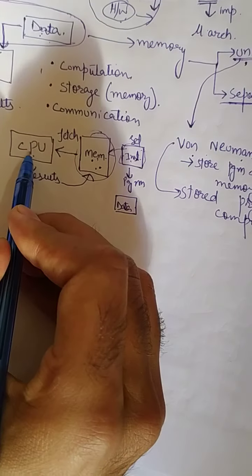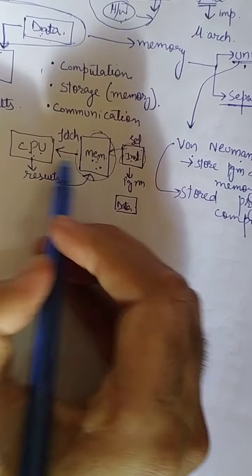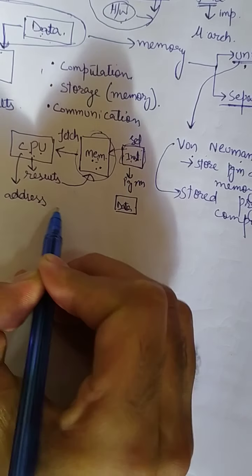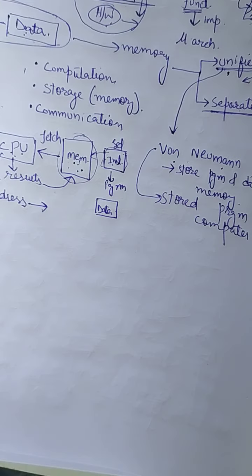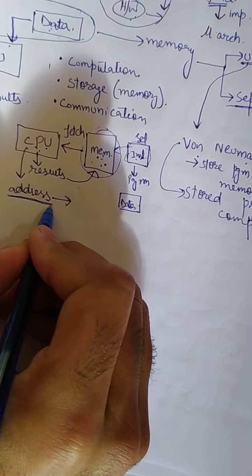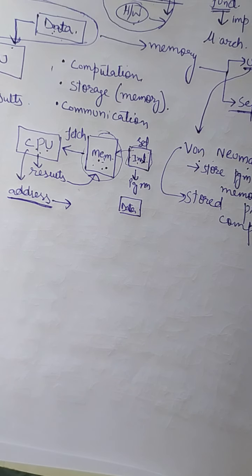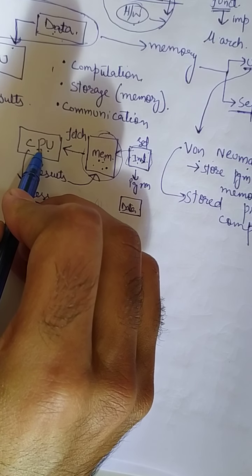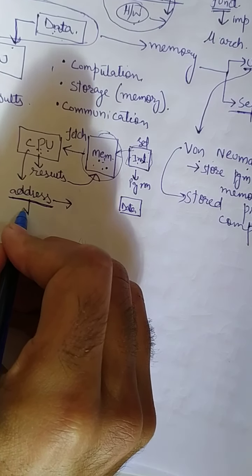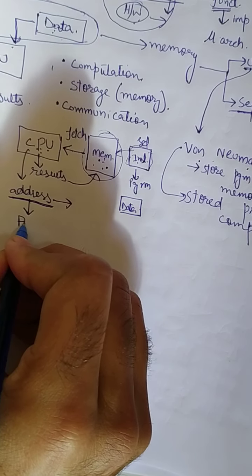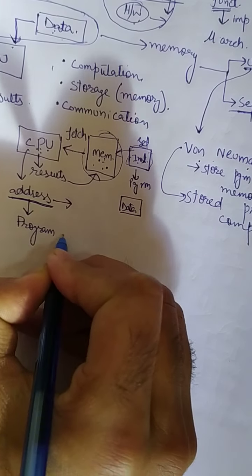So before fetching the instruction from the memory, the CPU should know the address of the location from where it has to get the instruction. And this address, which tells us which instruction is to be executed, is stored in a special temporary memory location that is called the program counter.